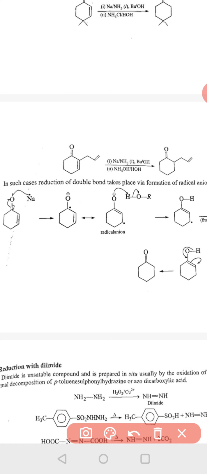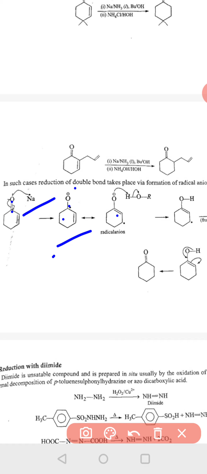Whenever transfer of electrons is taking place, homolytic fission is the first step. Homolytic fission of the carbon oxygen double bond occurs here, and we get this intermediate which has a free radical at this carbon and an anion on this oxygen. These two are the resonating structures of this radical anion.